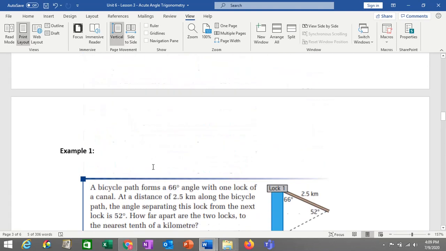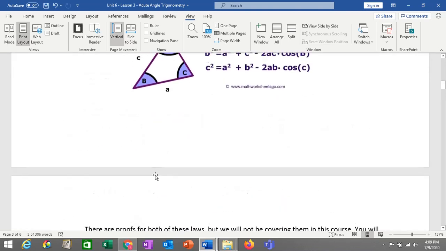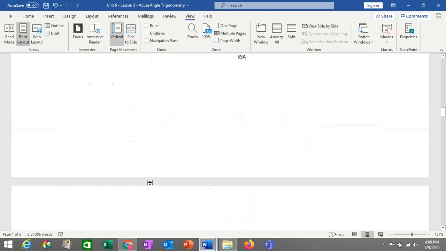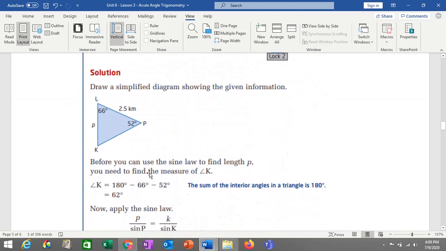Remember that if we look at the sine law, it's a over sine A. And remember that the side a is opposite of angle A. So you need angle and opposite side pairs. Okay, so if I look at this, I have 52 degrees paired with p, my unknown, so that's good. I need something like that. But the only other side I have is this one, and that's paired with, well, there's nothing there. So to do the sine law, I need this angle. So we're going to find that one first.